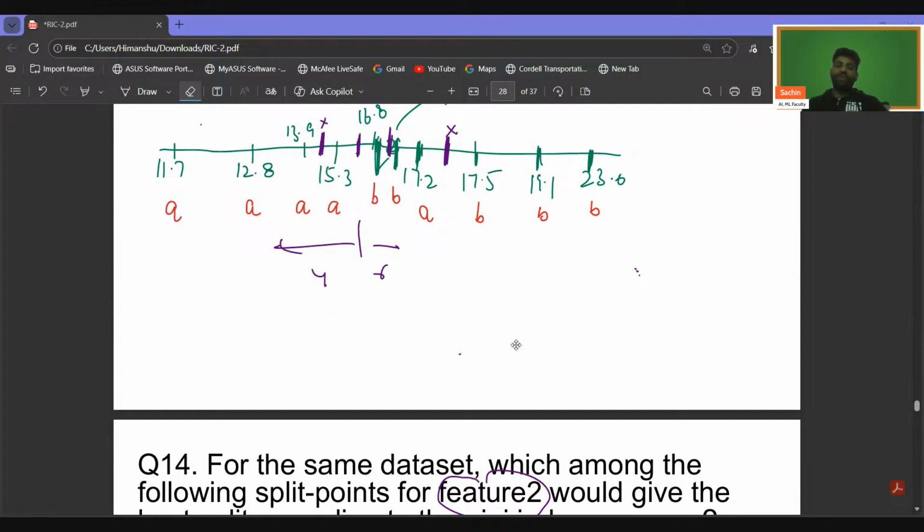And even if you don't want the Gini index, be it Gini index, Gini impurity, information gain, or entropy, everything would give you the same best split. The values for them would just be different going by the feature.